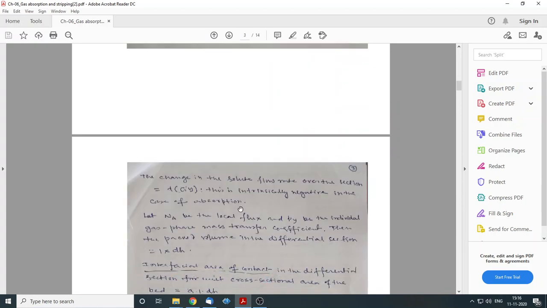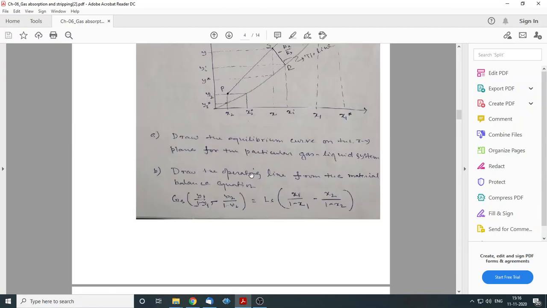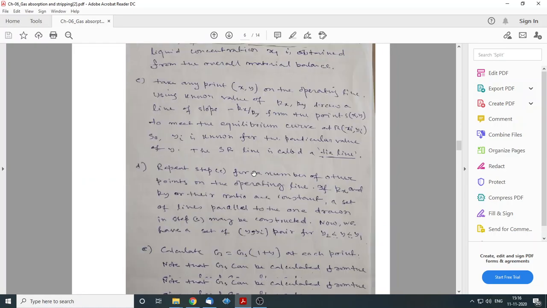In this way also I can do it, because earlier I made this balance from the gas phase. Now if I make the balance from the liquid phase in a similar fashion, I will end up with this equation.